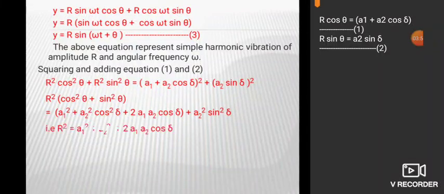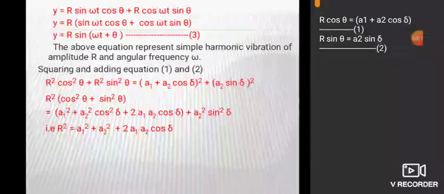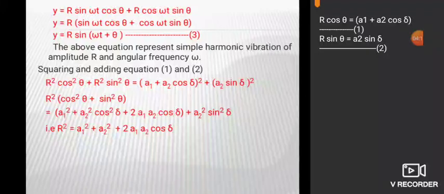Therefore our left hand side will be R². So R² = a1², and here a2² cos² δ and a2² sin² δ are there. Again cos² δ + sin² δ is equal to 1.